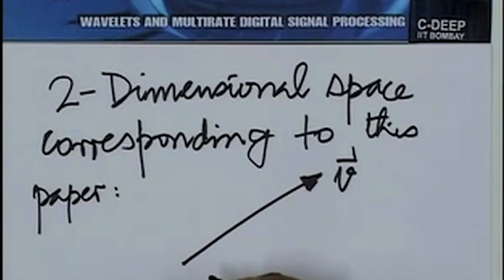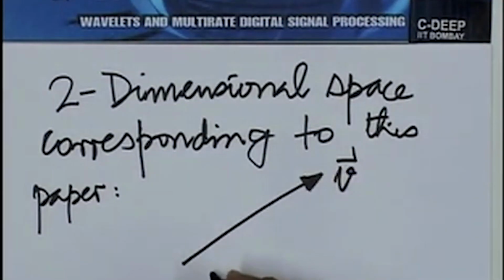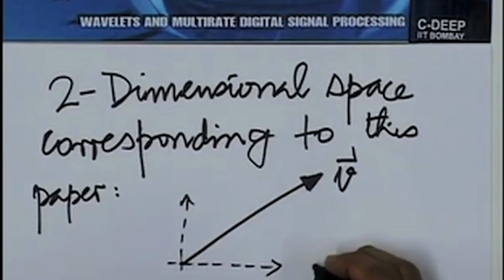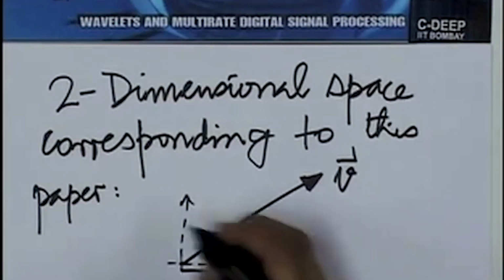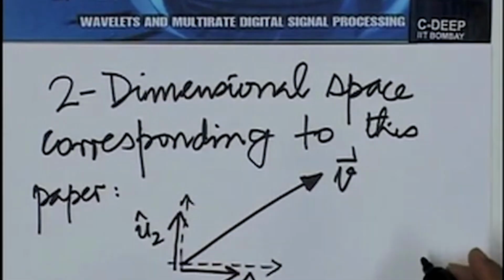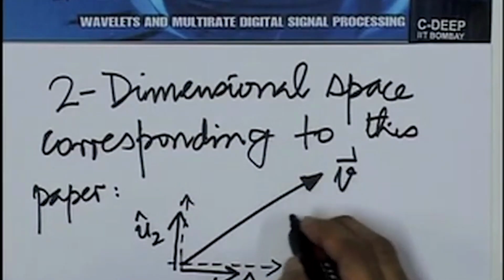In fact, notionally an infinite number of ways, and one of those ways is to choose the following two so called perpendicular axes. So, we choose one axis like this and another axis like this, and choose a unit vector along each of them. So, I have say a unit vector, let me call it u1 cap along this axis, and another unit vector u2 cap along this axis.